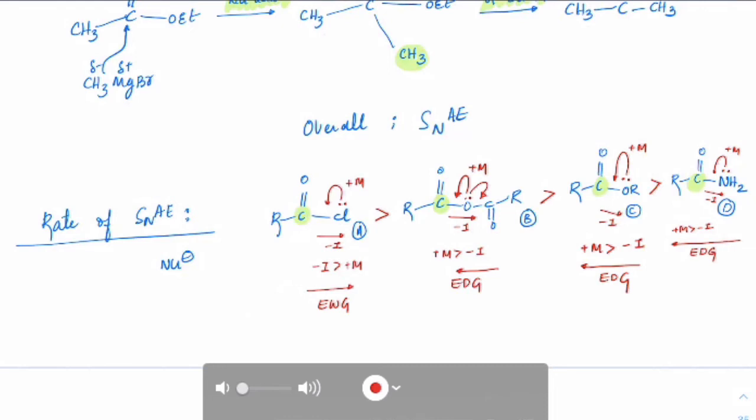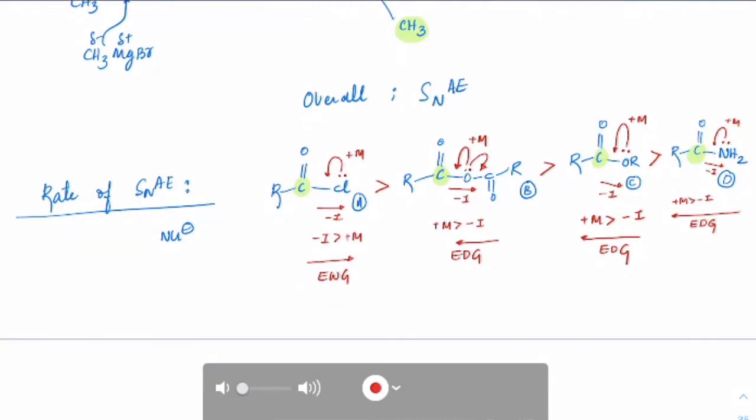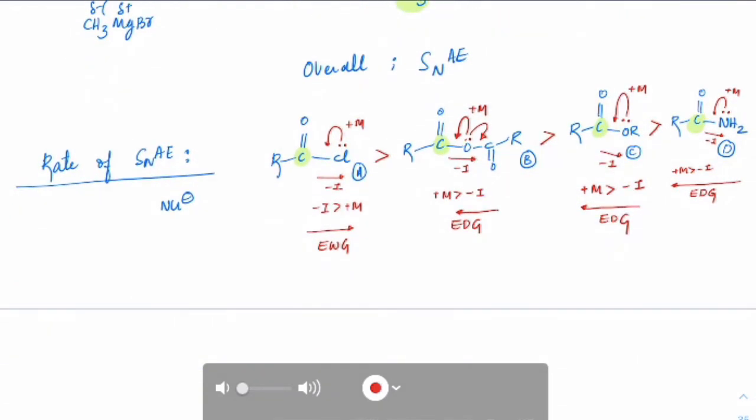So remember this order of all the carboxylic derivatives. These are called carboxylic derivatives: acid chloride, anhydride, ester and amide. Please note that.